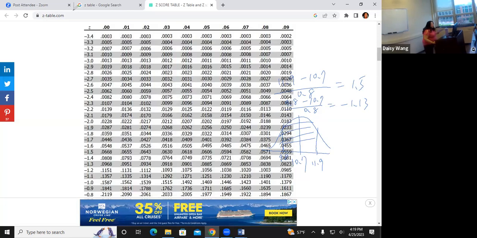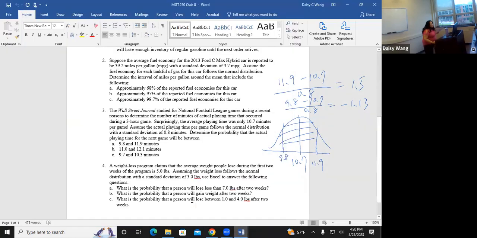Go back here, 0.1292. So it's right here.